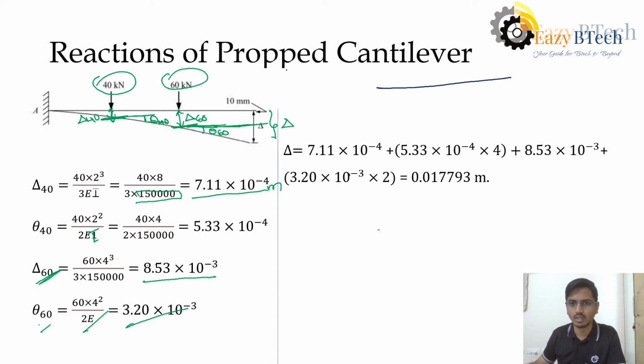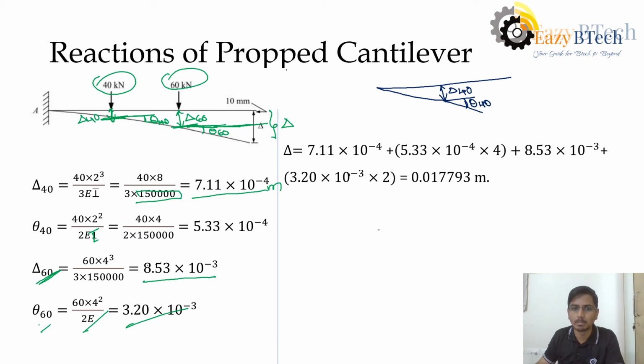The beam is undergoing some deformation. We are getting deflection. This gives me delta 40. Because of that, we are getting some rotation, theta 40. So we are getting this.